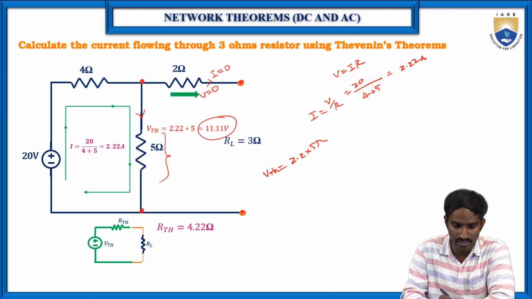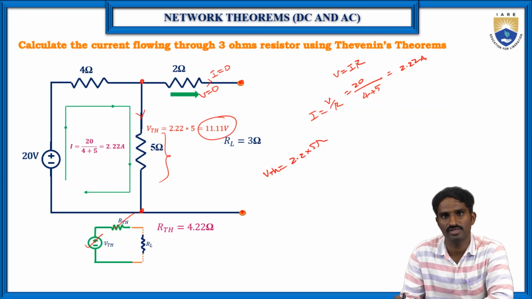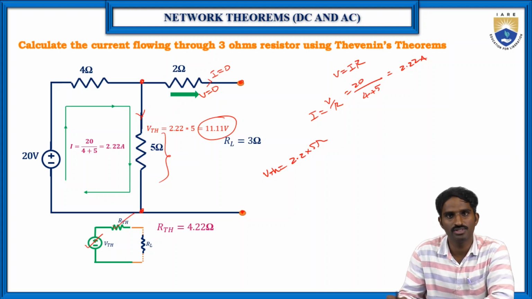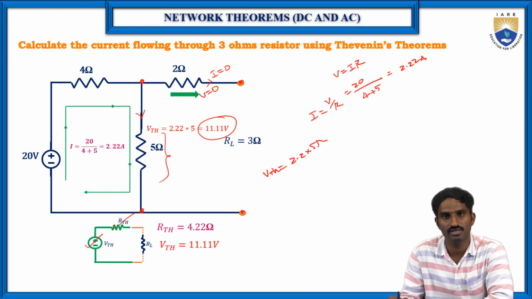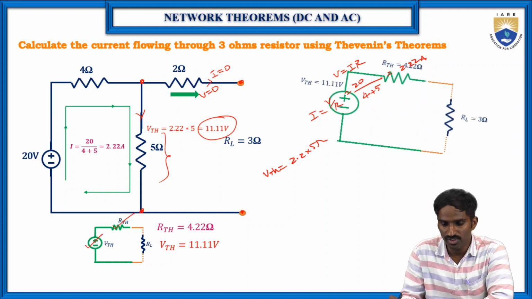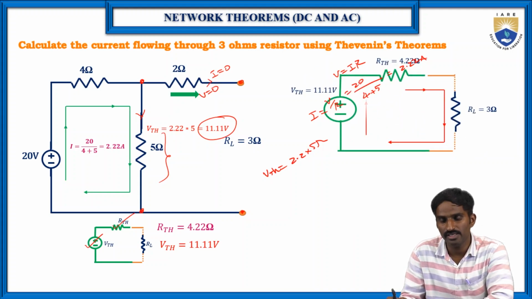Now we have the value of V Thevenin as well as R Thevenin. Then substitute these two values in the equivalent circuit. From that you can find the current flowing through the load resistance.